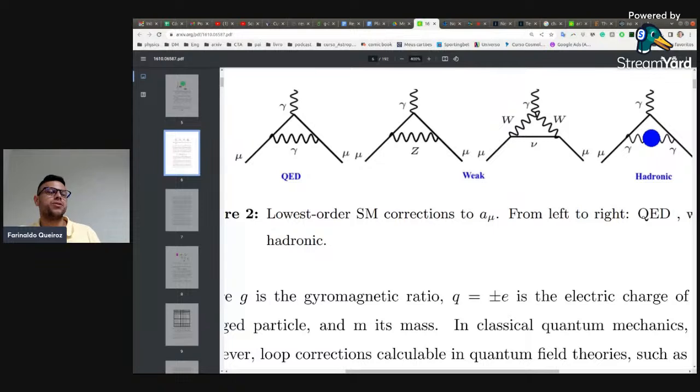It's non-trivial. The most popular explanation for G-2 today is to extend the standard model with a gauge symmetry L mu minus L tau, where muon and tau lepton flavor numbers are gauged.